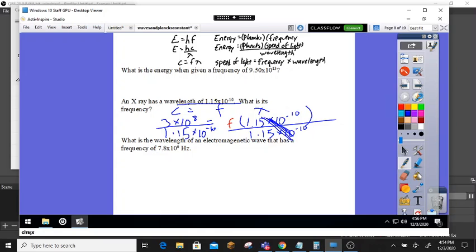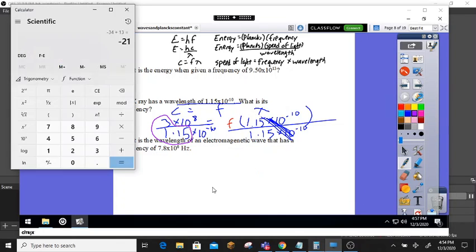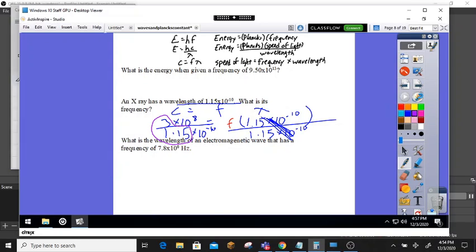So this whole thing cancels. And now I am going to divide that. 3 divided by 1.15 is 2.6. Since we are dividing the exponents, we are going to subtract them.